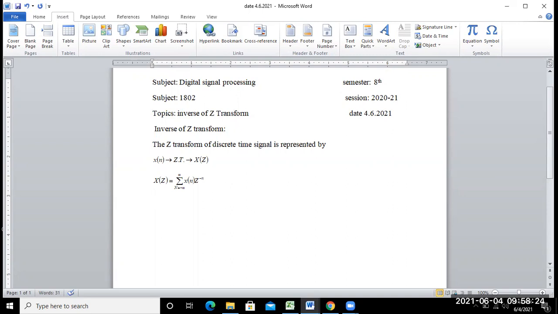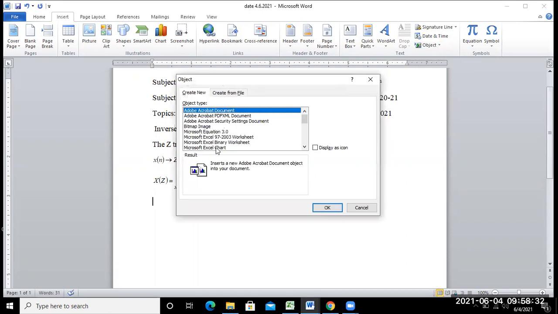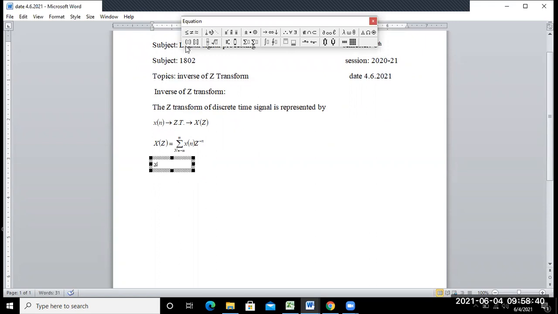So if any signal xt is a continuous time signal, then we can convert it into frequency domain by the Fourier transform or Laplace transform.